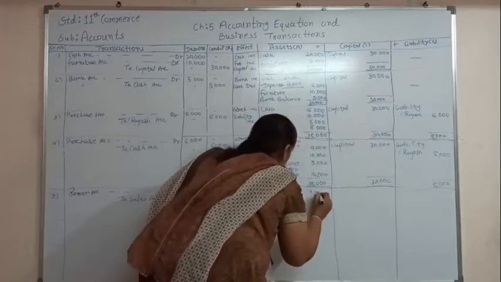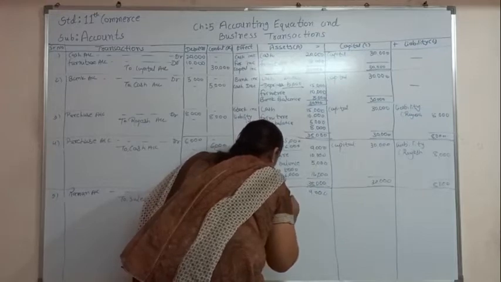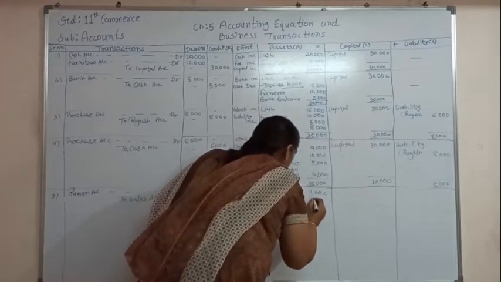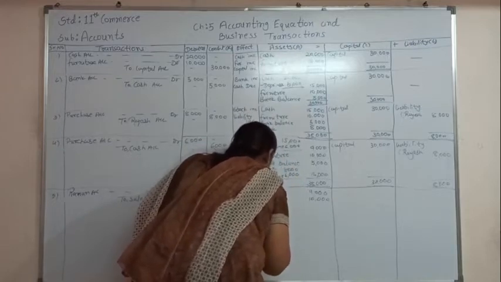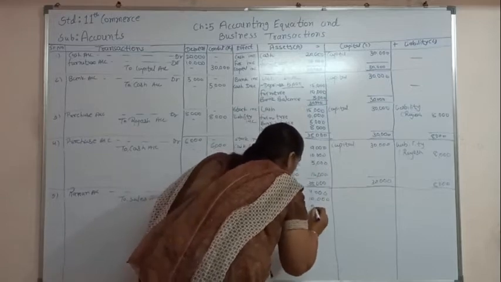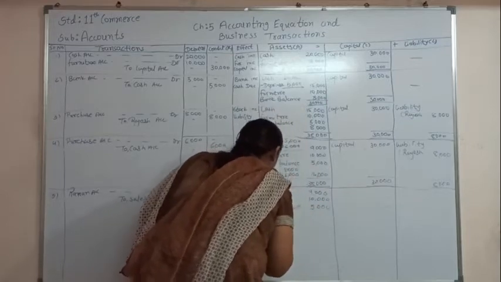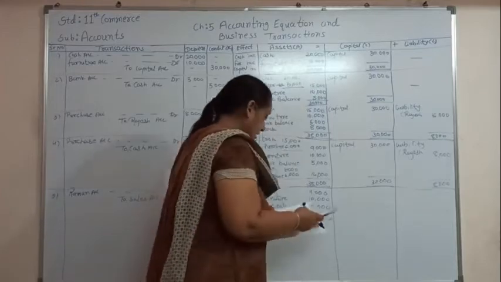Then furniture will be 10,000. Then bank balance will be 5,000. Then stock is going to be decreased.